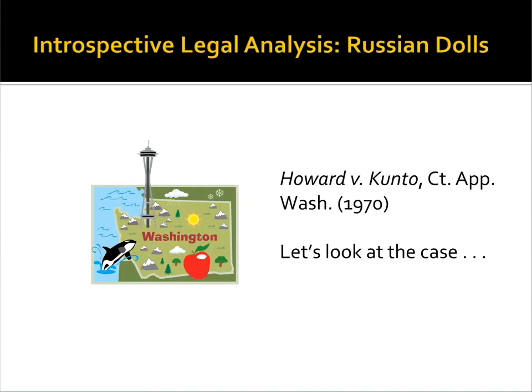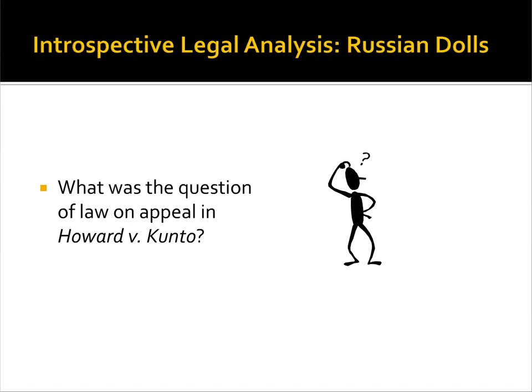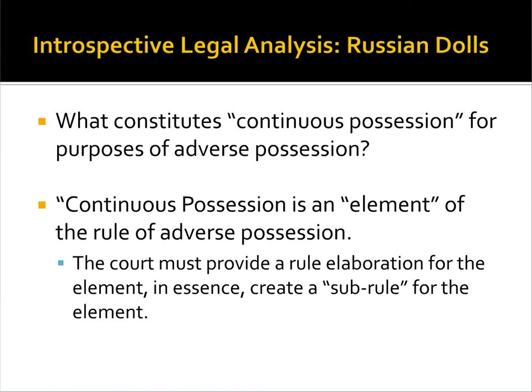Let's look a little bit deeper at Howard versus Kunto, which actually is an adverse possession case that was assigned in your reading. So let's look at the case. What was the question of law on appeal in Howard versus Kunto? And we know from reading the case that the question is, what constitutes continuous possession for purposes of adverse possession?